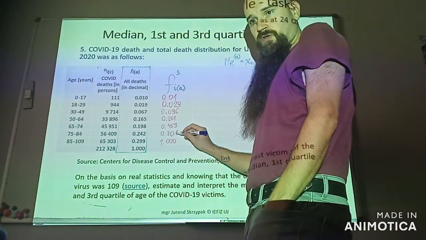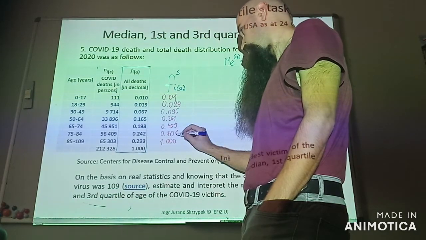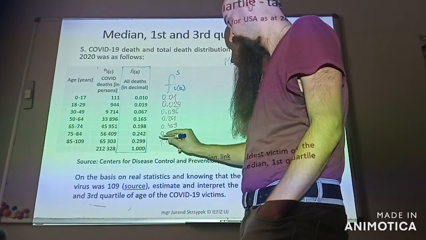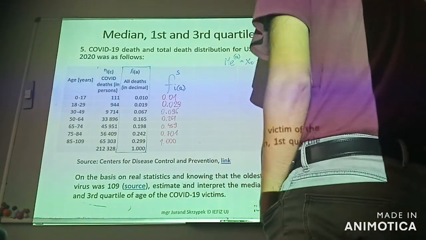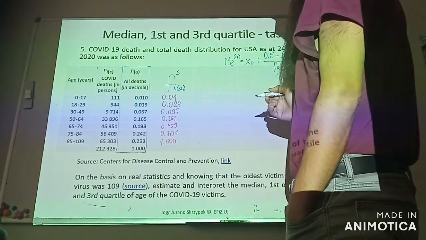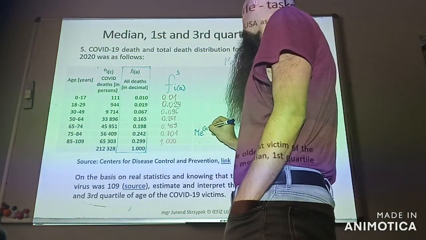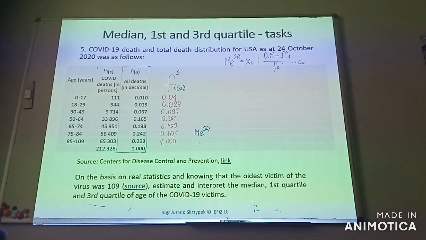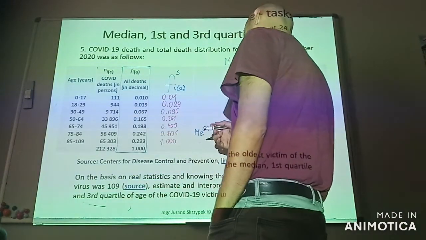And we notice that in the 1, 2, 3, 4, 5, 6, in the sixth class we exceed a half, 50%, for the first time. So this class is the class of the median of the age in the group of all deaths.